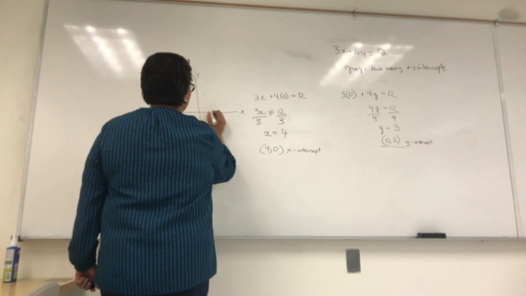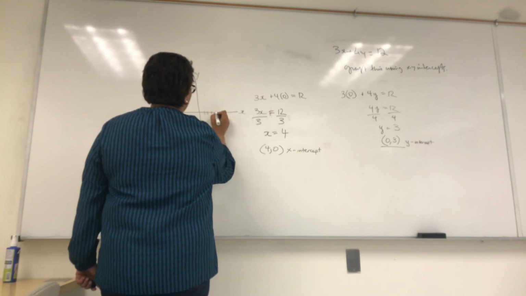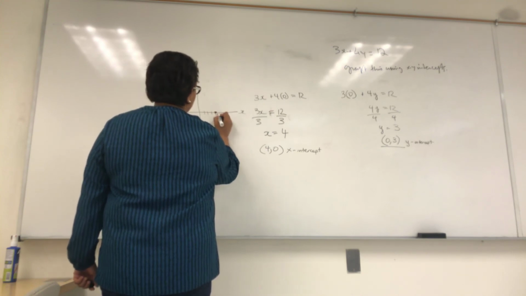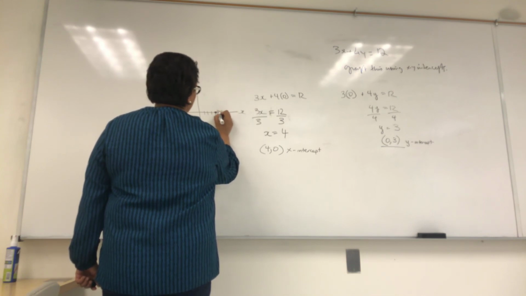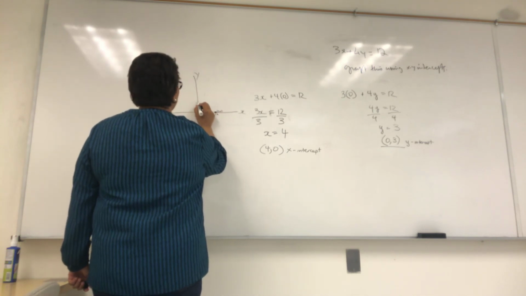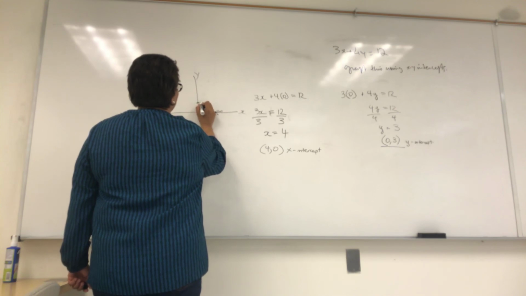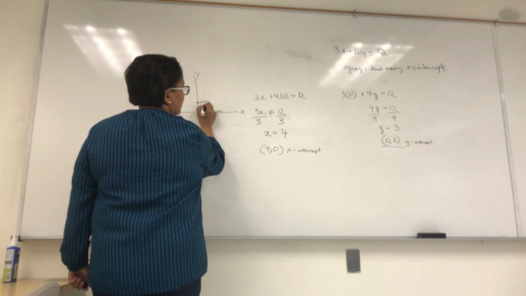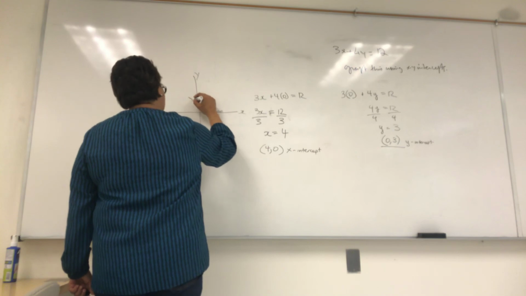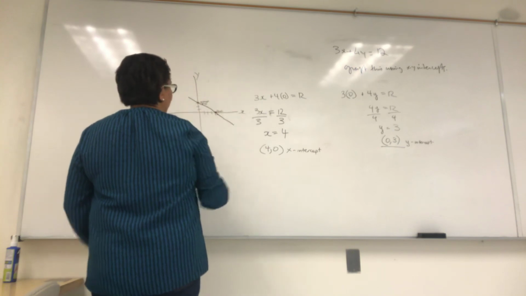The x-intercept would be 4, and that's x. And then the y-intercept is going to be 1, 2, 3.